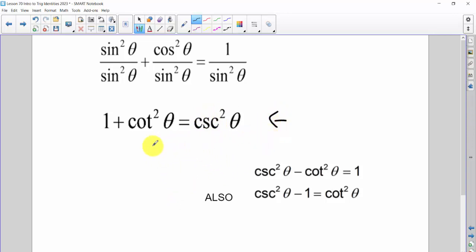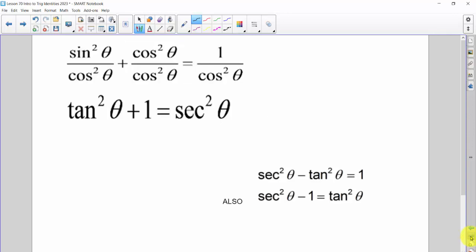But likewise, I can subtract terms to the other side and get cosecant squared minus cotangent squared is equal to 1, and cosecant squared minus 1 is equal to cotangent squared. So we're up to 6 of these Pythagorean identities. Really, all you need to do is know the sine squared plus cosine squared equals 1, and you can generate all of these. There's 3 more we need.